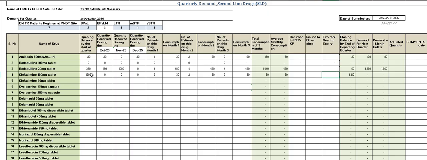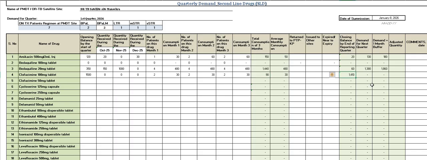Now at the end you are having 1410 tablets, and PTP has asked you to return some of the stock. As you need 90 tablets in a quarter of 3 months, and by adding the extra 1 month buffer stock, you need 120 tablets, and you have in stock 1410 tablets.